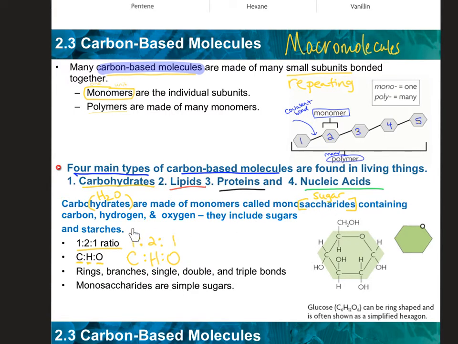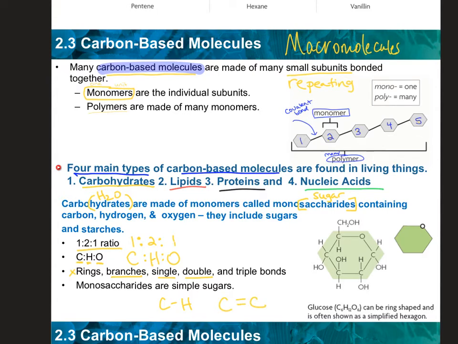These monosaccharides are going to contain the 3 elements carbon, hydrogen, and oxygen. And one of the main types of carbohydrates that we'll focus on are sugars. So let's take a look at the last couple of bullet points here. Carbohydrates can be in rings. They can also be in branches. They can have single bonds, which would be like this. They can have a double bond, which would look like this.